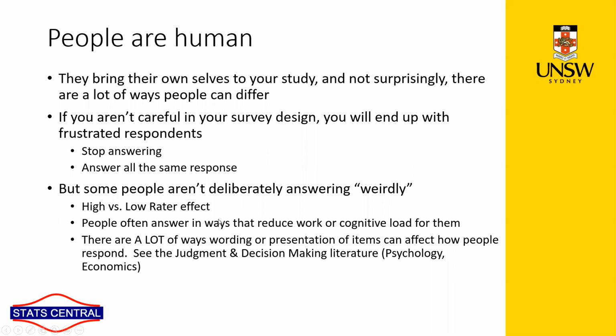People also often respond in ways that reduce work or cognitive load for them. And I mentioned an example on that, probability, the likelihood of getting a vaccine in 4 weeks, where people will say 50% or 75%. That response isn't a flippant response.